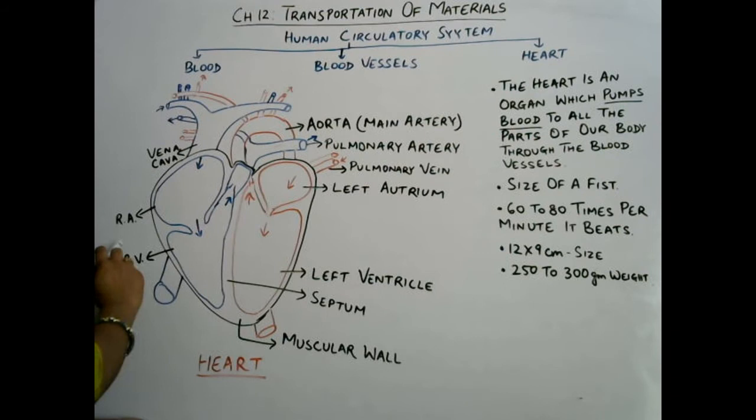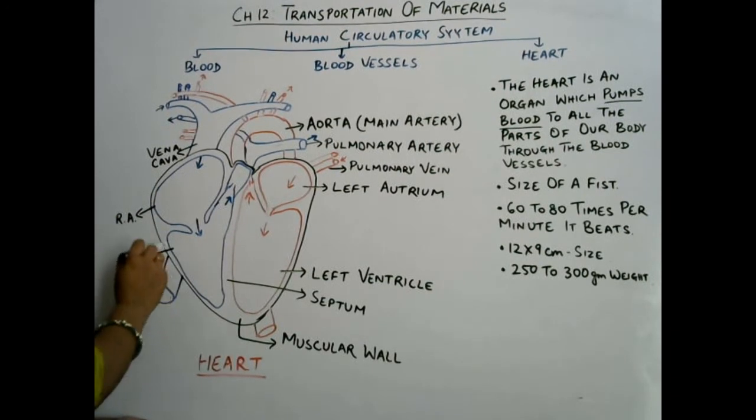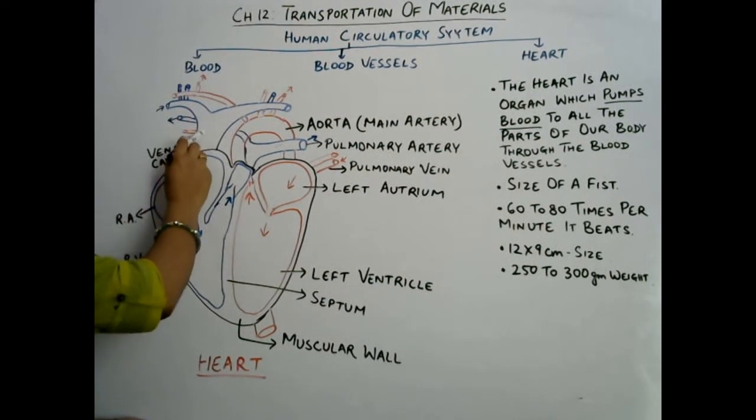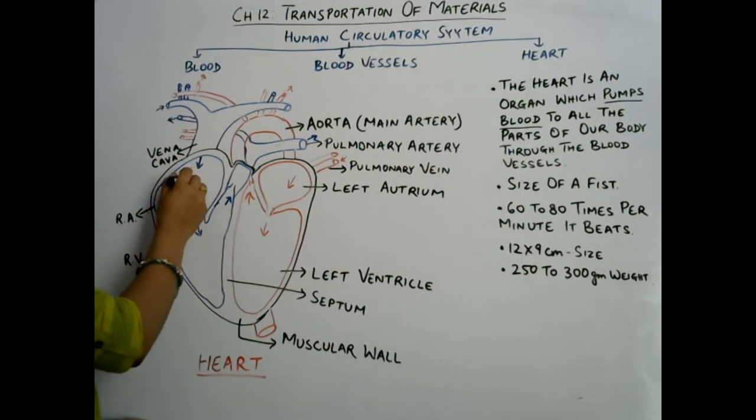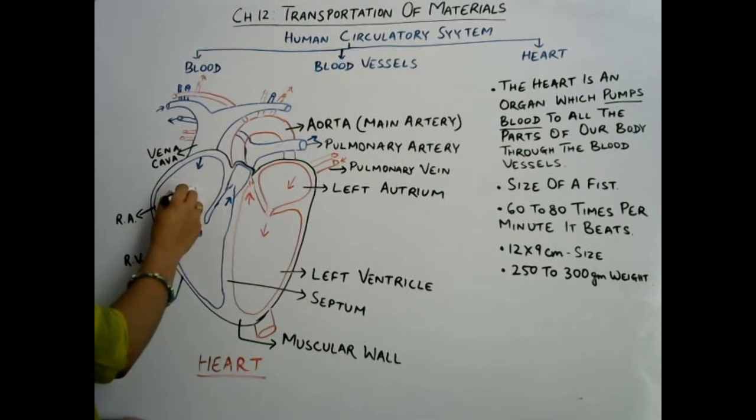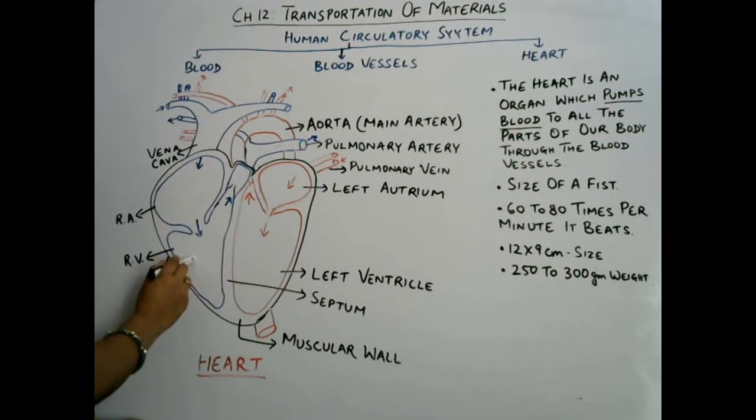So basically from all over the body, vena cava brings impure blood, and impure blood enters in the right auricle, okay, right atrium, and from right atrium it pumps towards the right ventricle.